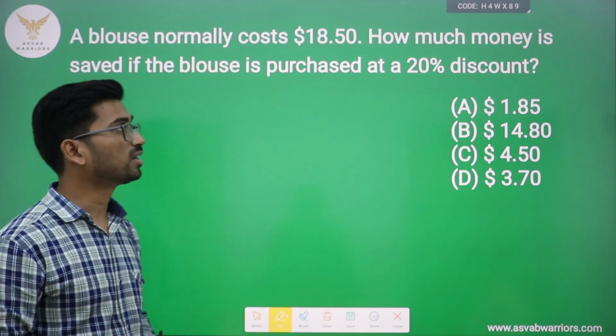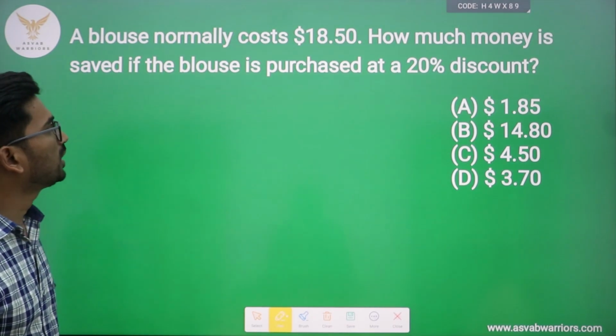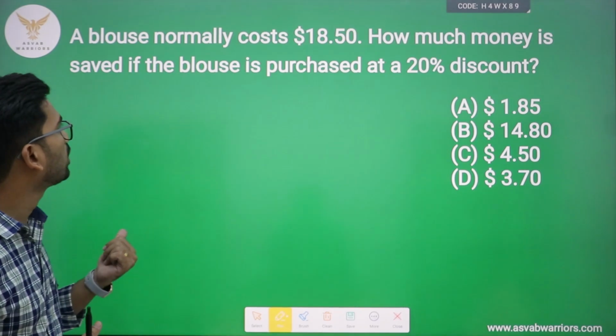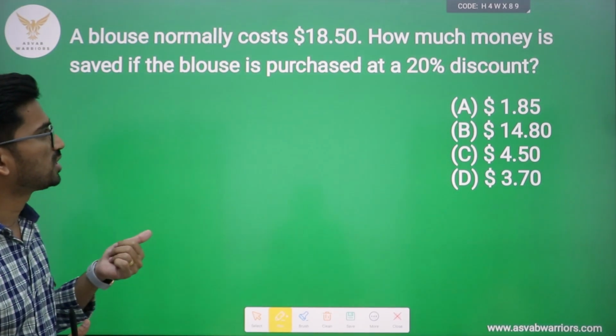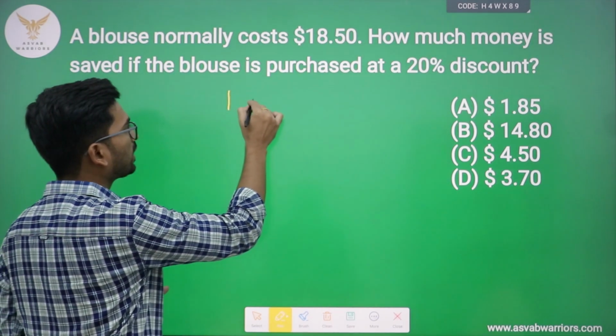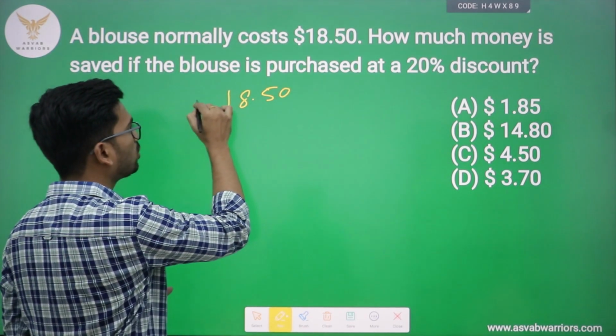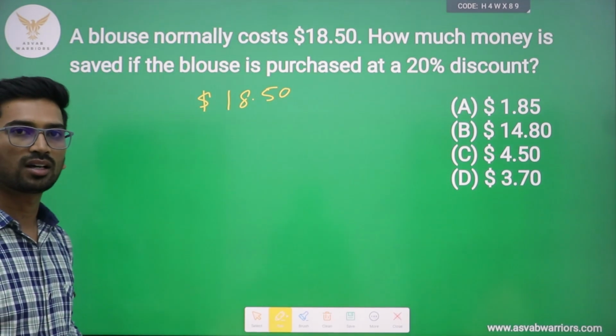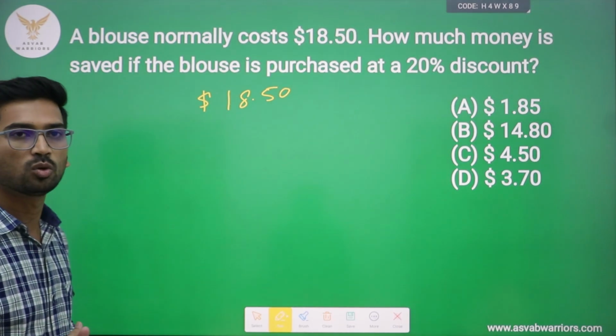So our next question says a blouse normally costs $18.50. How much money is saved if the blouse is purchased at 20% discount? So the price of the blouse is $18.50 and if it is purchased at 20% discount, how much will be the new cost.